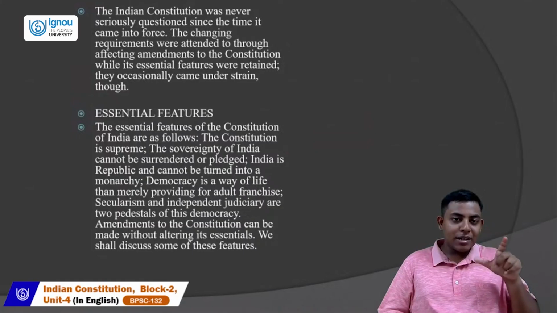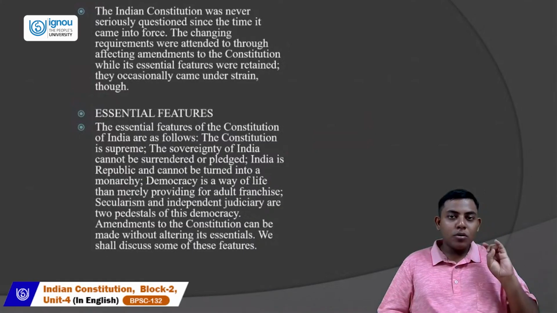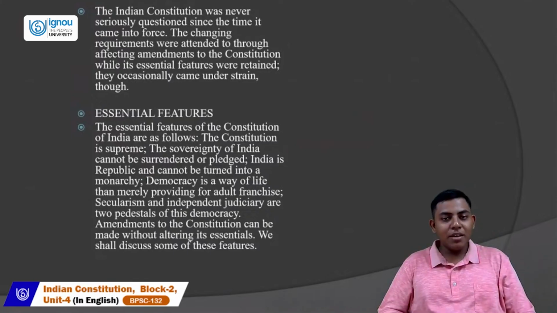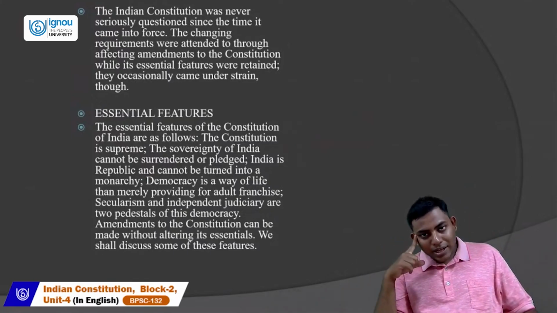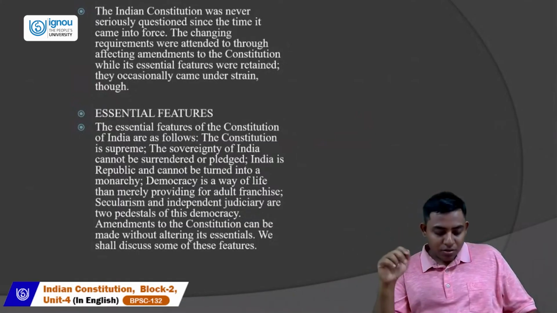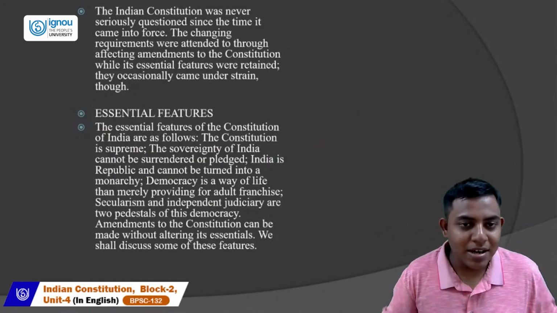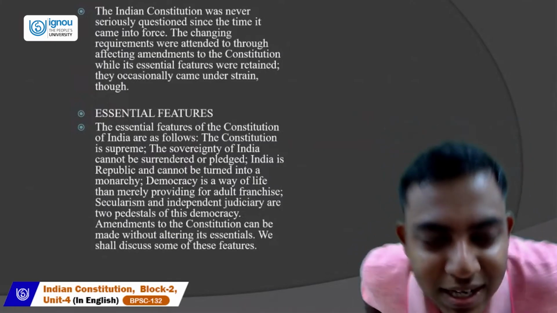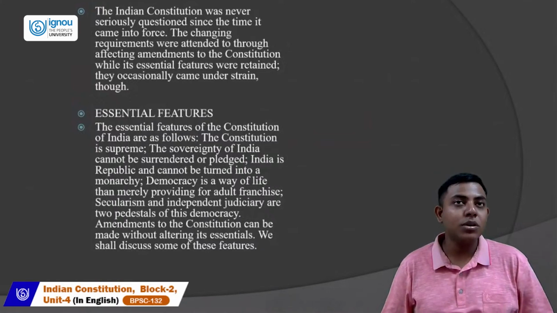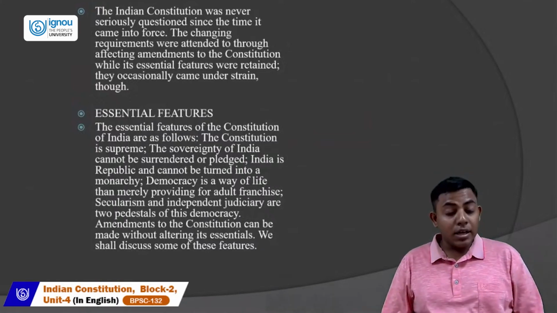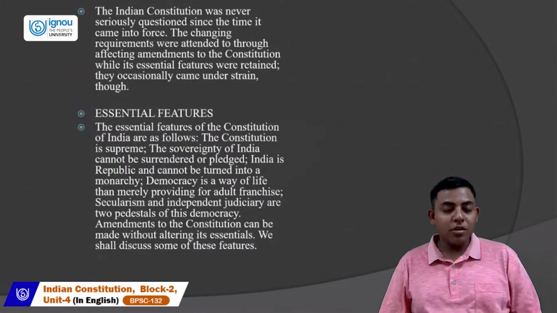To make those laws immune from judicial review, they were inserted in the 9th schedule, which is contained in Article 31A and 31B. These land reforms and anti-zamindari laws were put in that schedule so that they could be made immune to the judicial review of the Supreme Court or the High Courts.